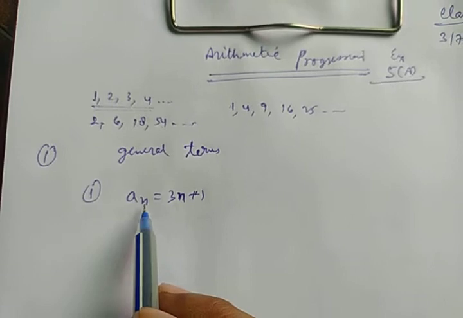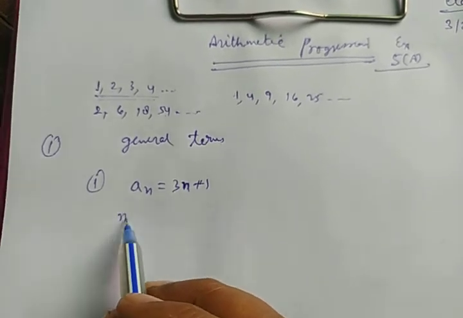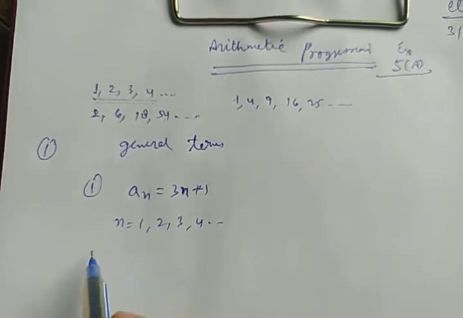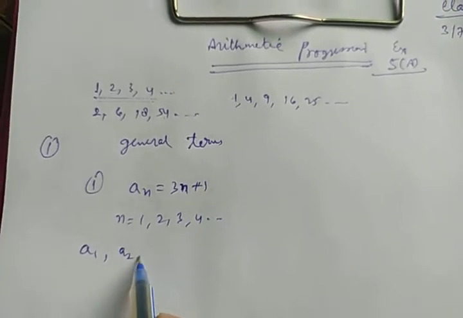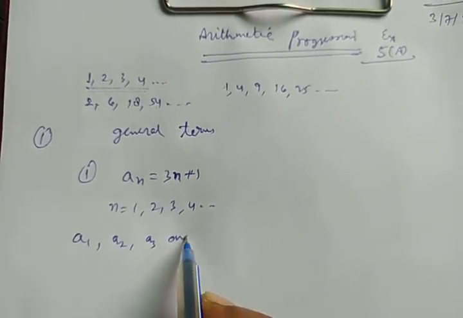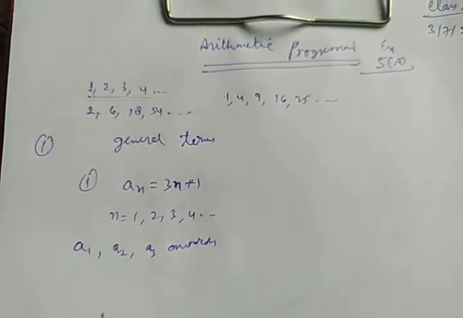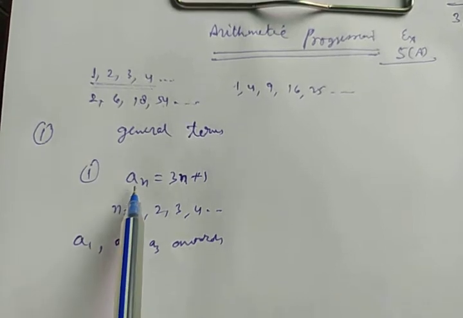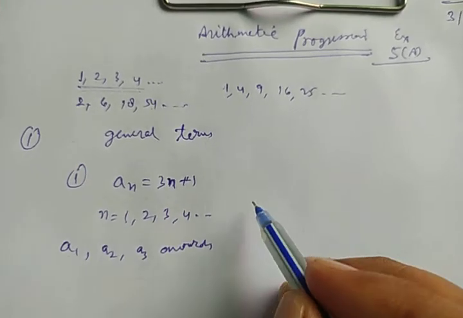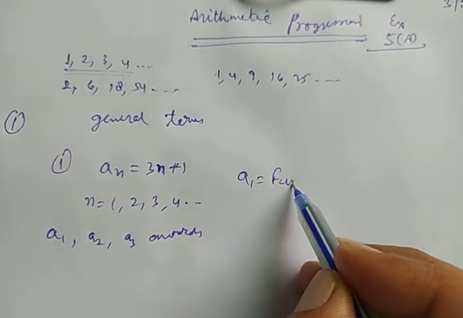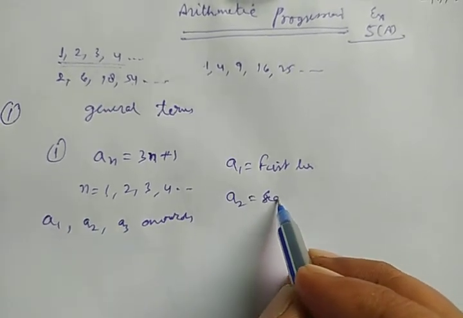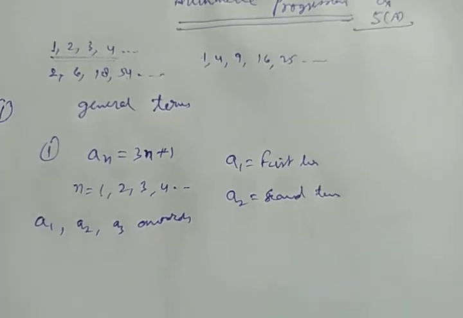It means if you substitute n is equal to 1, 2, 3, 4 onwards, what will you get? You will get a1, a2, a3 onwards. Means when you substitute 1, you will obtain a1. a1 means the first term. Here a1 is the first term, a2 would be the second term onwards.